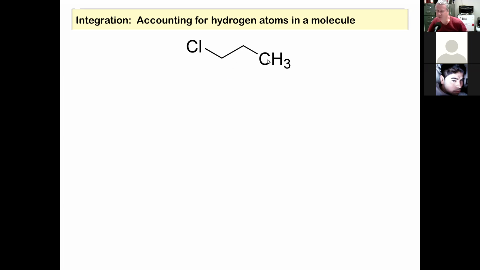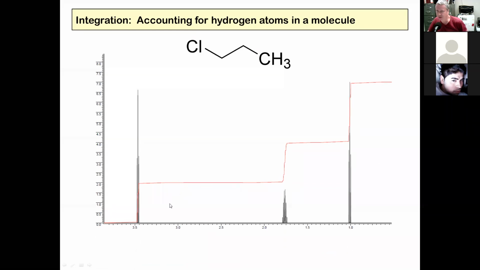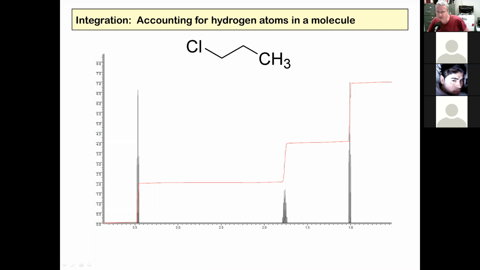We had 2, 2, 3. 2 protons, and 3 protons. And when we looked at the integration, we were able to say that's kind of like 2 to 2 to 3, right? Now, the arrangement of the peaks, we're not quite there yet. We will be there today, but for now, it's just the area under the curve, like the little red line, I guess.